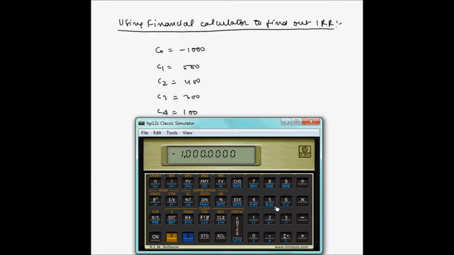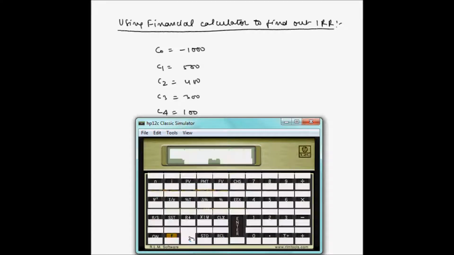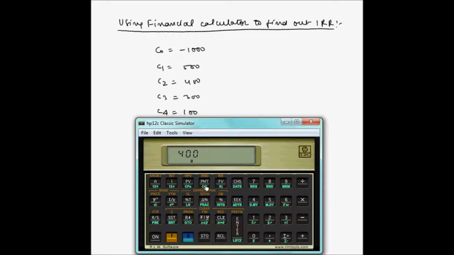Now next we'll enter 500, and this is the value of CFJ, where J is 1. So again we'll activate that and click on CFJ. Then 400, G and CFJ.